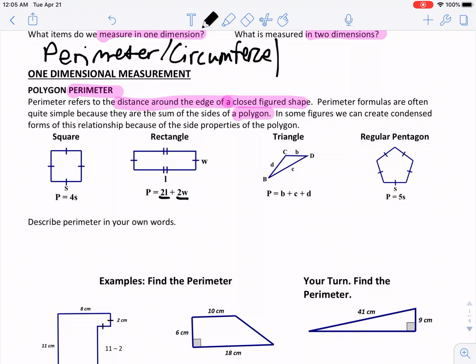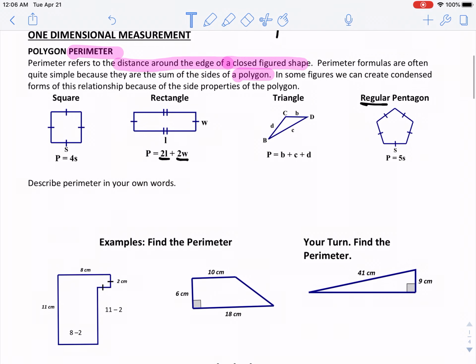For a triangle, let's just add all three sides, b plus c plus d. For the pentagon, since it's regular, remember regular means that all the sides and angles are congruent. If that's s, there's 5 sides, so 5 times s. If it's simple shapes like that, it's pretty easy.